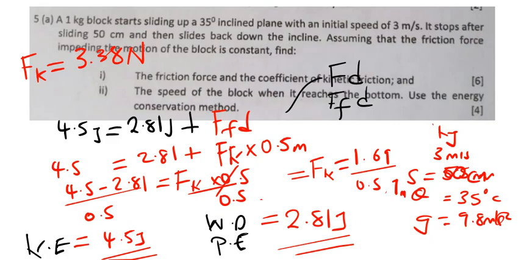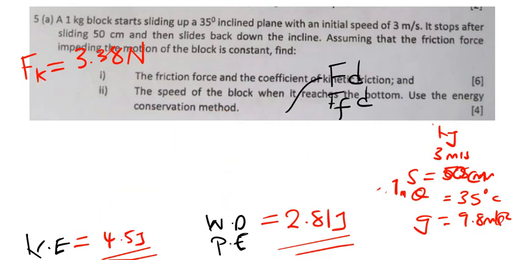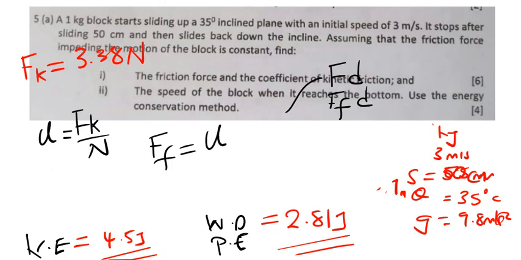Now for us to find the coefficient of kinetic friction, how are we going to do it? We have almost everything. The coefficient of kinetic friction will be the friction force divided by the normal force, because the friction force equals mu multiplied by the normal force.